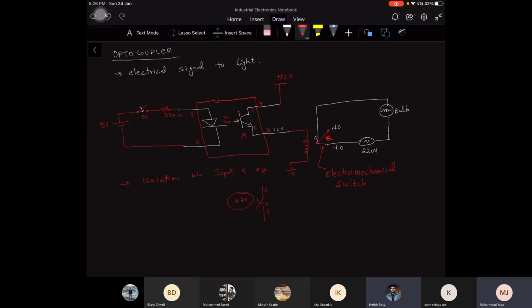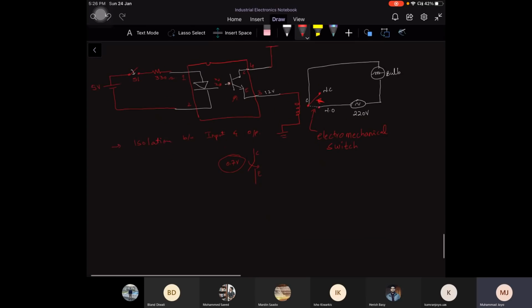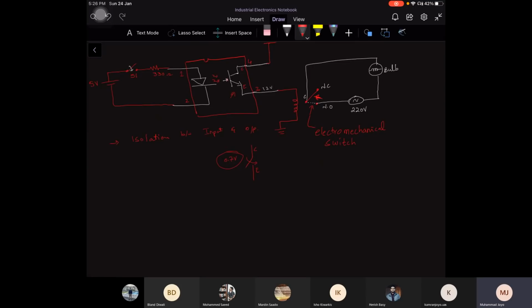Yeah. So this is the reason that you cannot provide a PWM signal to a relay. I hope you know what PWM is. Let me give you the idea. PWM is basically pulse width modulation.